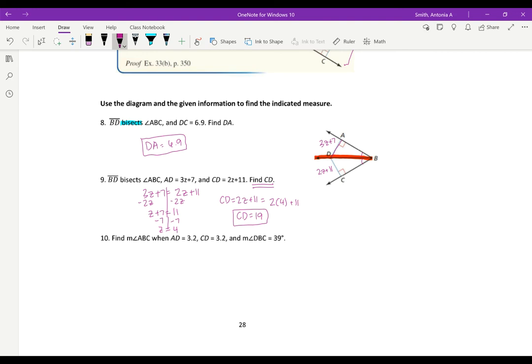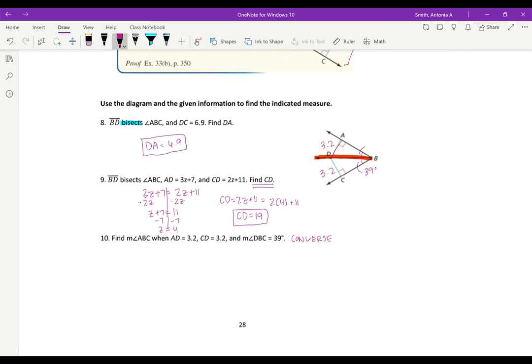Finally, number 10. Find the measure of angle ABC when AD equals 3.2, CD equals 3.2, and angle DBC is 39 degrees. Okay, so this is the converse of the theorem, which says if your two side distances are equal, then those two angles must be equal.